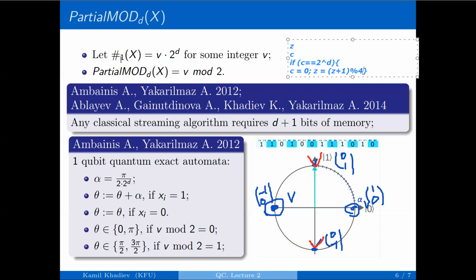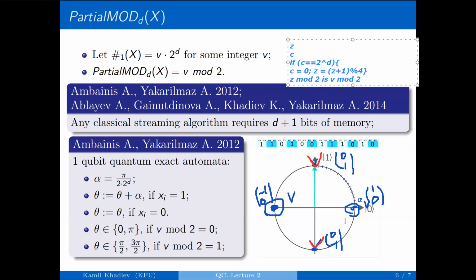In fact, for a deterministic algorithm, it is enough to count by modulo 2 and return just z, where z is v mod 2. But in the quantum algorithm we count mod 4, and z mod 2 is the same as v mod 2.